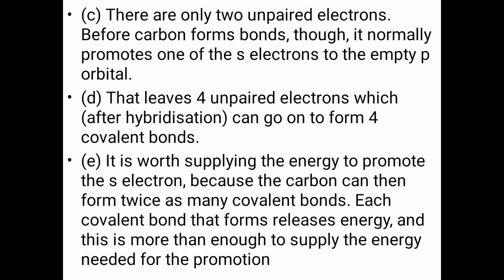There are only 2 unpaired electrons before carbon forms bonds, so it promotes one of the 2s electrons to the empty p orbital. On excitation, carbon now has 4 unpaired electrons, which can go on to form 4 covalent bonds. It's worth supplying the energy to promote the s electron because the carbon can then form twice as many covalent bonds. Each covalent bond that forms releases energy, and this is more than enough to supply the energy needed for the promotion.